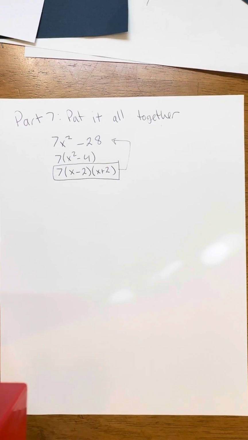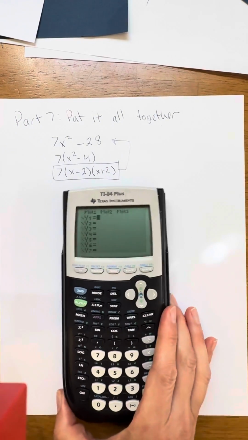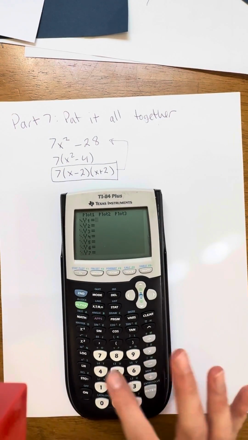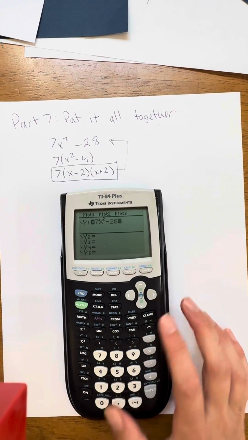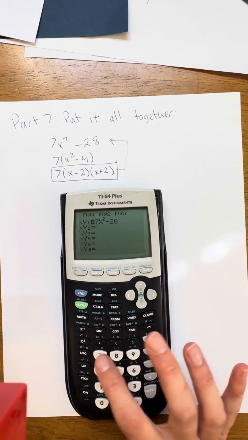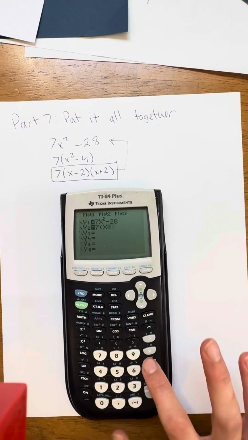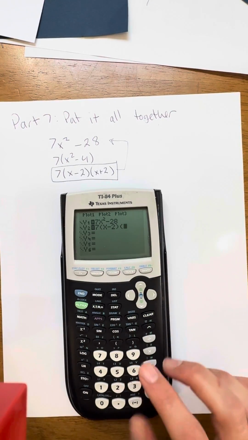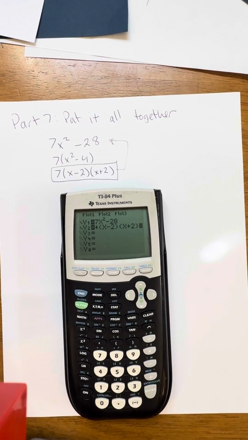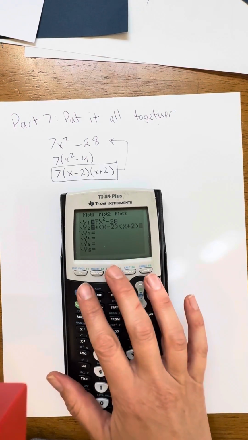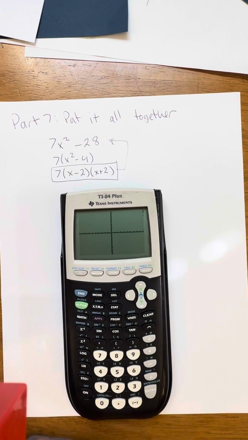In order to confirm that, we will type them both in on our calculator as separate entries. 7x squared minus 28, and then down below 7 and the parentheses x minus 2, and then another set of parentheses x plus 2. If they are the same, then when I look at the graph, I should only see one thing.